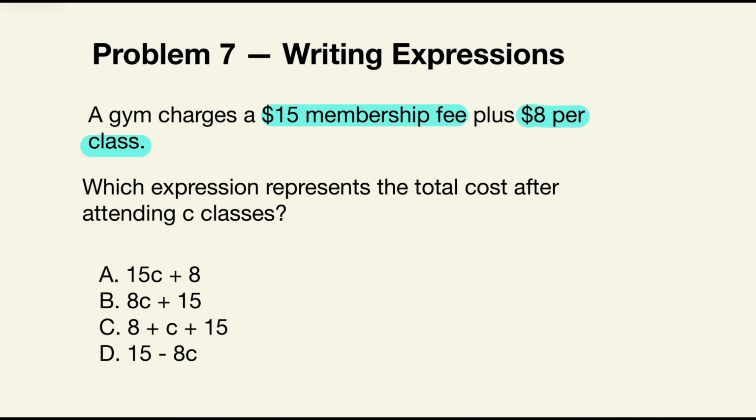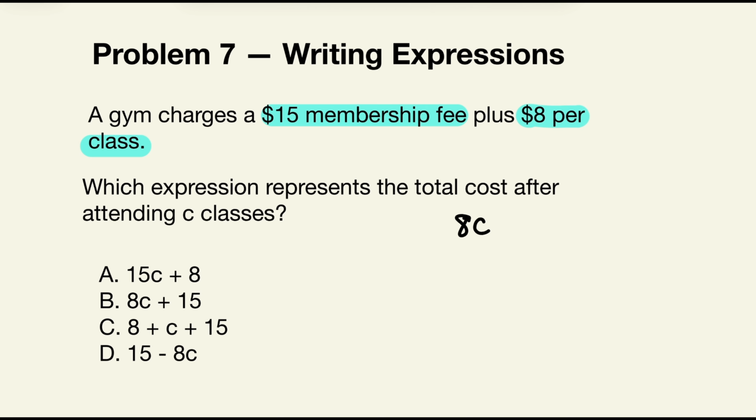So let's go ahead and write what we know. And we're going to use the variable C, which stands for classes. So we'll write 8C, which is saying 8 times C. So the C represents the number of classes.